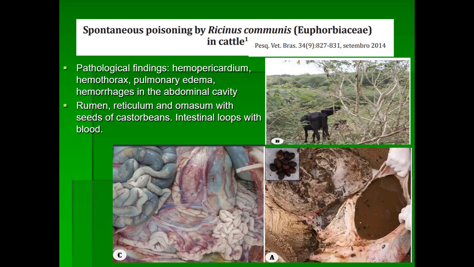And on the left image, we see the hemorrhages in the mesentery and the serosa of the intestinal loops that were filled also with hemorrhagic fluid. So the diagnosis is pretty straightforward if you see these lesions together with the seeds in the digestive tract. In the discussion, they say that poisoning happens in prolonged droughts, which make the animals very hungry, and they are basically forced to consume the plant.